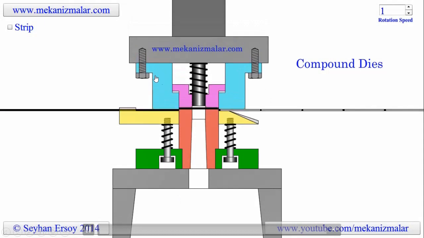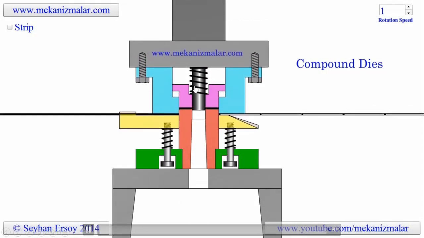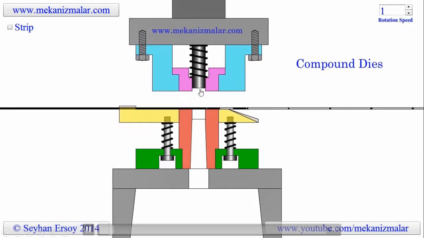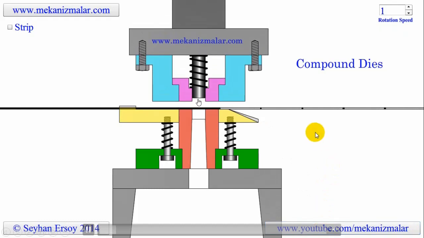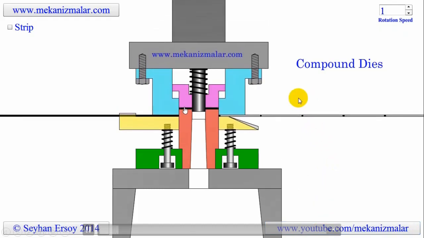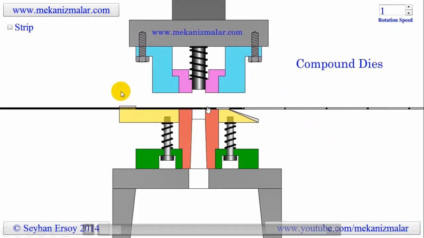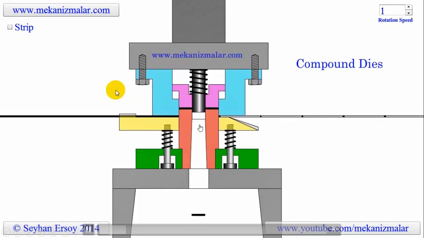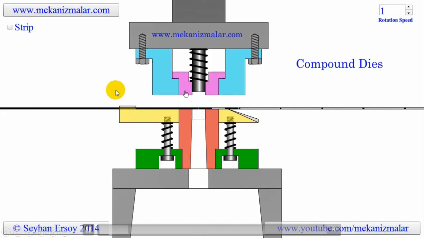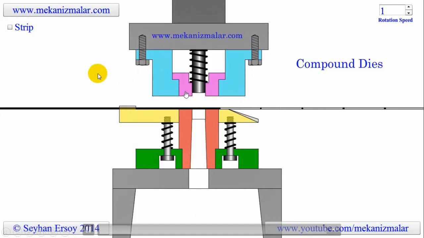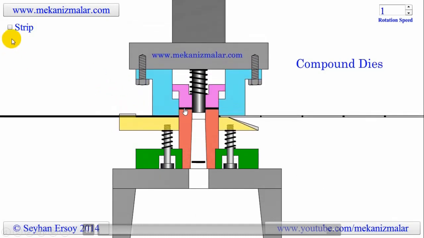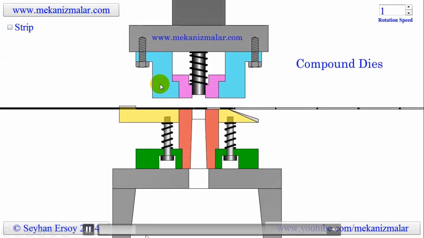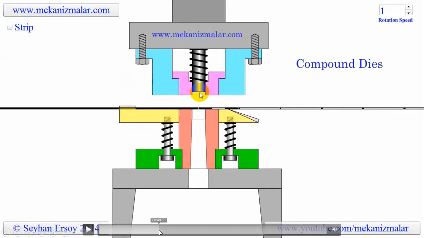This is the whole assembly of a compound die. The center punch will be there, and that portion will cut the blank. That is, two operations will be performed. In this way the punching operation will be performed, and with the help of these two parts, the blanking operation will be performed.